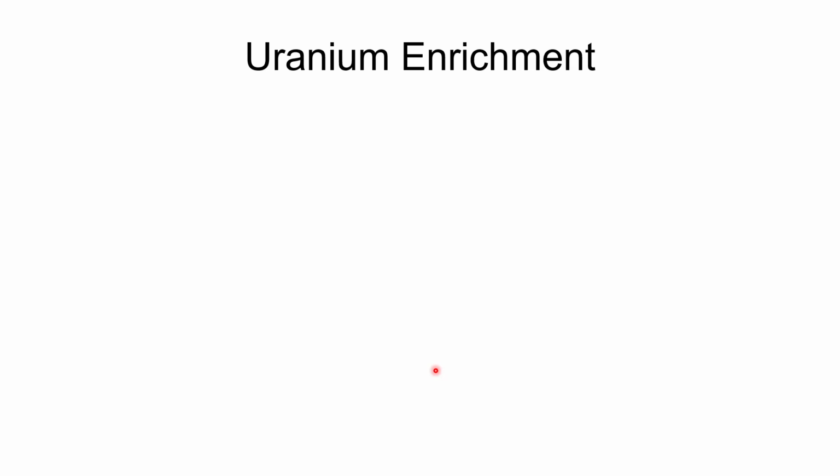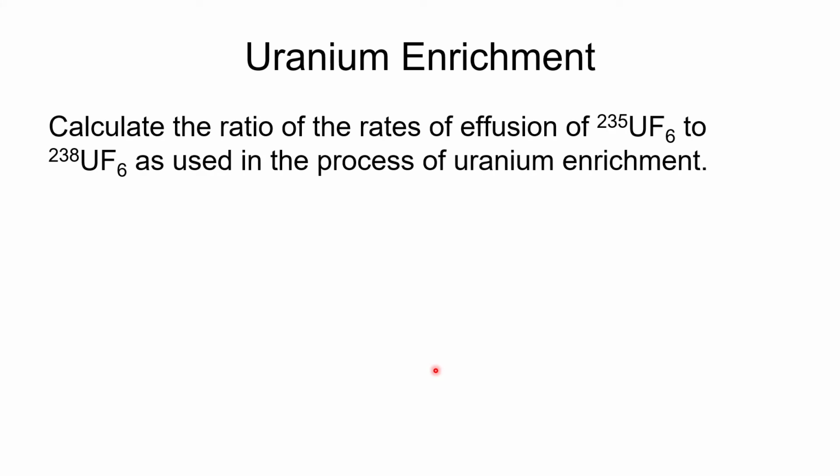One is uranium-235, and it makes up about 1% of naturally occurring uranium. And uranium-238 makes up about 99% of naturally occurring uranium. It's approximate, so about 1% and about 99%.